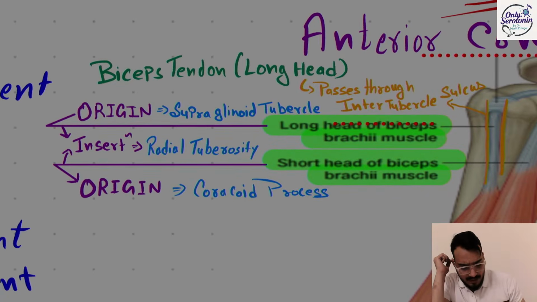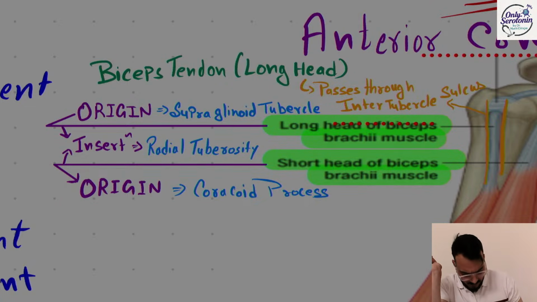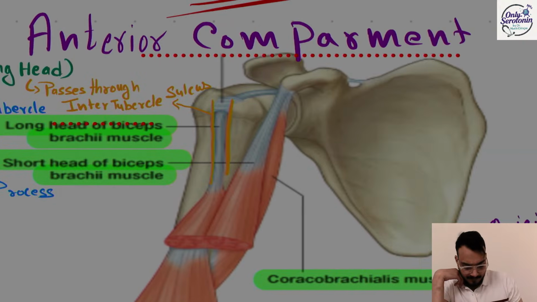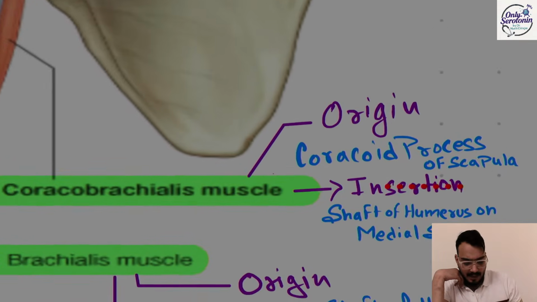The long head is going to pass through intertubercular sulcus, which we have already discussed. The origin of the long head is what, guys? It is supraglenoid tubercle, and the origin of the short head is coracoid process. Insertion is same, that is radial tuberosity. Then we are having coracobrachialis muscle.